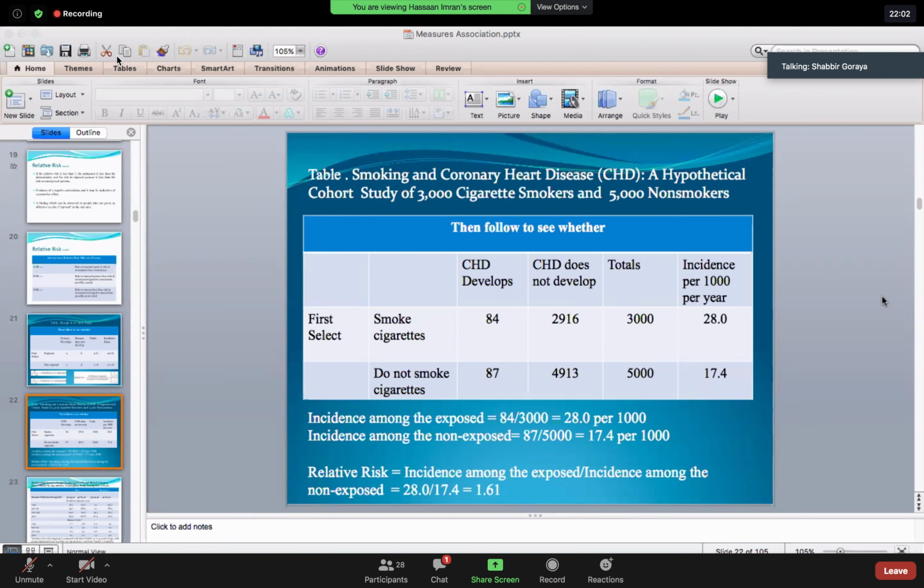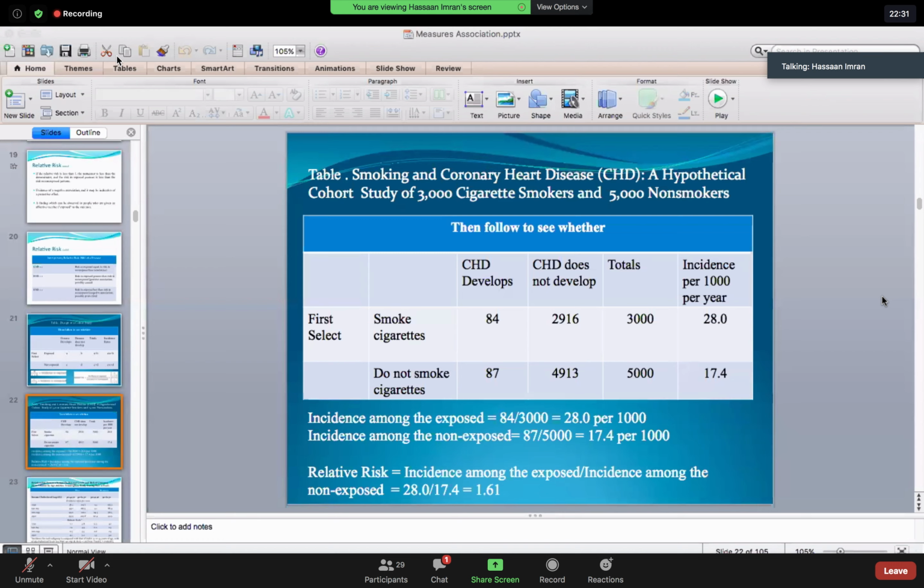Yes, this is the incidence. There will be 28 new cases of coronary heart disease among those who are exposed, per thousand population per year.